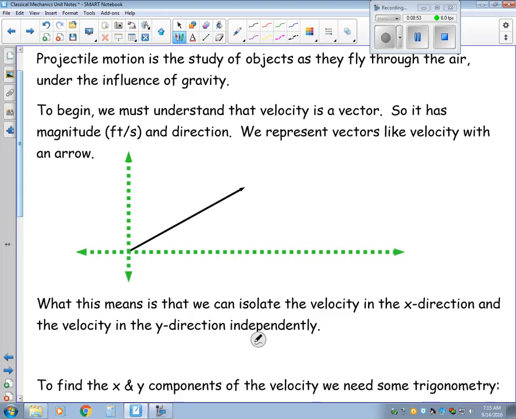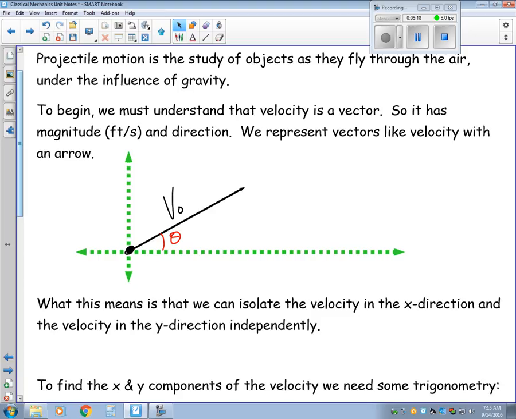Now, let's say we have an object here, and we're going to throw it. We're going to give it an initial velocity. That initial velocity is at some sort of angle, I'll call it theta. Theta could be 10 degrees, it could be 45 degrees, it could be anything you want.